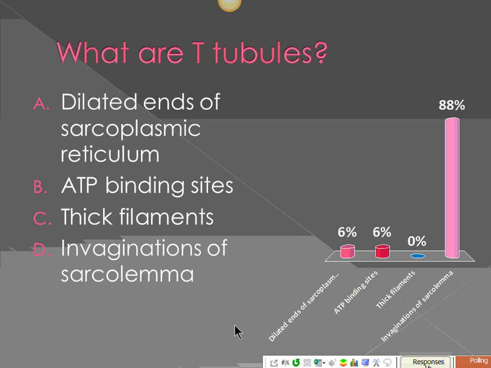Invaginations of sarcolemma. And I know I said this earlier, so you hopefully remembered it from there.